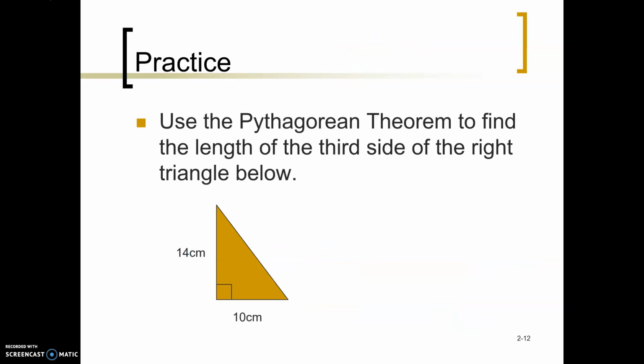Practice the Pythagorean theorem. Pause the video and find the length of this unknown side. With Pythagorean theorem, it's very helpful to establish first whether you are finding the length of the hypotenuse or a shorter side. That means, am I using c squared equals a squared plus b squared, or am I looking for a shorter side, a or b?